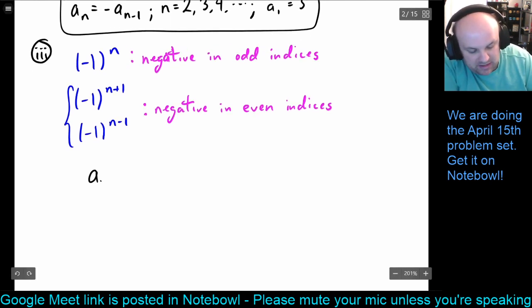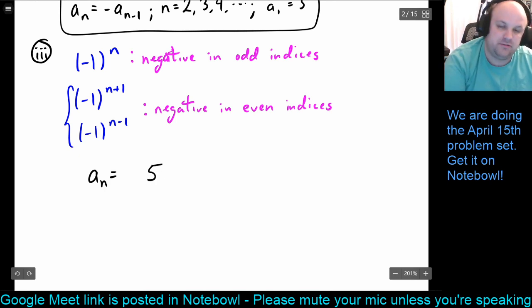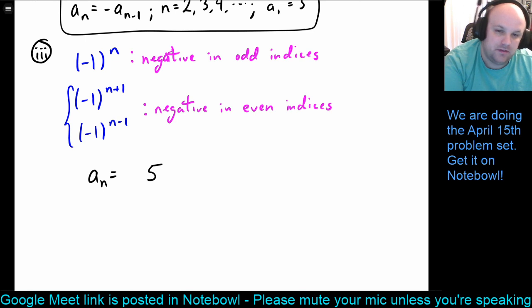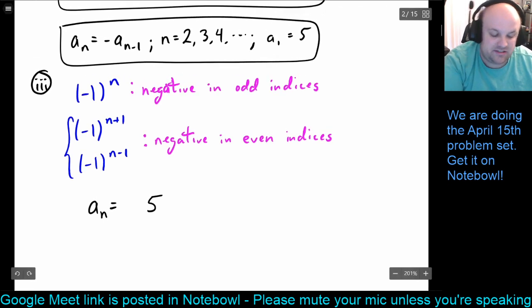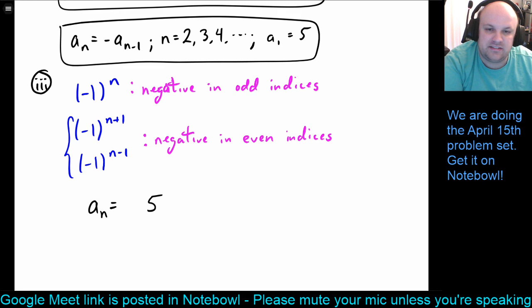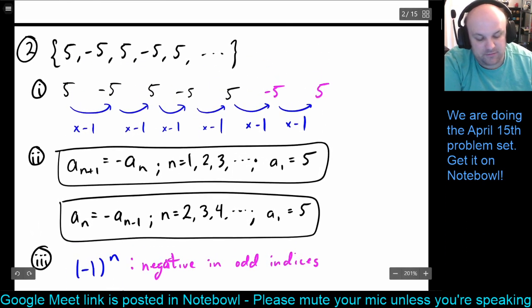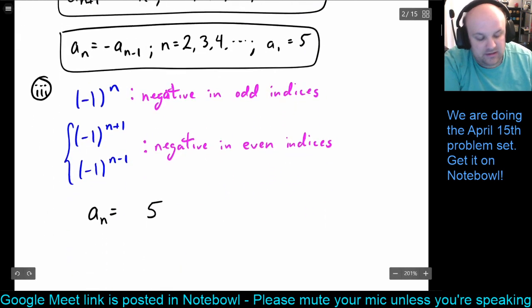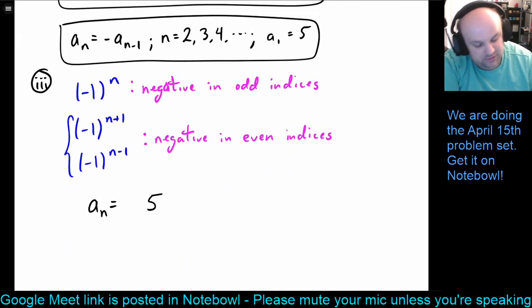Okay? And here, we know a_n bounces back and forth between 5 and negative 5. So we just need to take one of these and multiply it by 5. And so our question is, should it be negative in the odd indices or the even indices? The way we've set it up, our first term is a_1. So it should be negative in the even indices, which means we should use one of these.